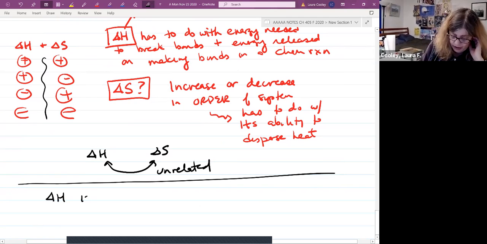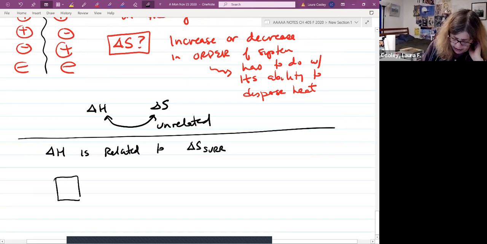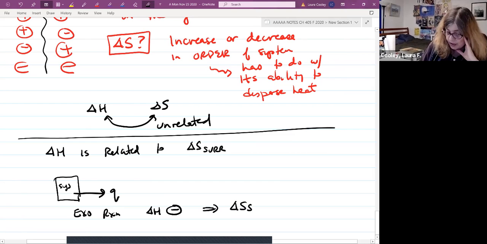However, delta H is related to delta S surroundings. If I take a little box and draw this as my system, and suppose I have an exothermic reaction, heat is transferred into the surroundings. So an exothermic reaction has a delta H that's negative, and that leads to a delta S surroundings that's positive.